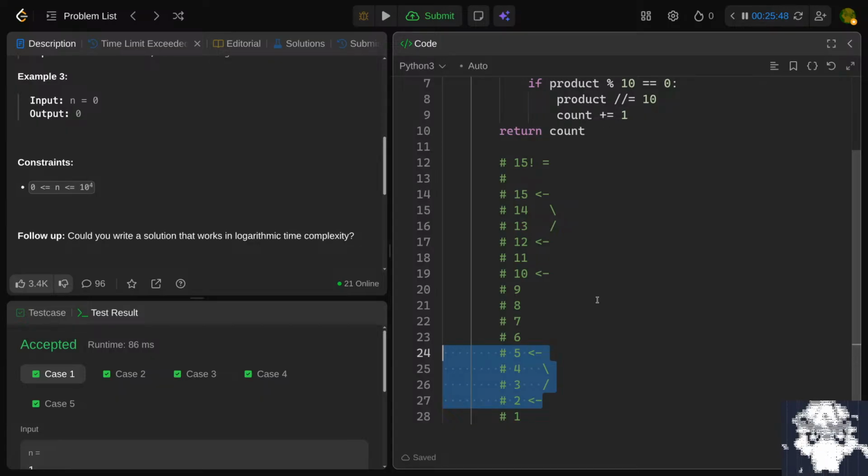Huh. So maybe it's something like every factor that ends in 0 is going to contribute, and every factor that ends in 5 is going to contribute, because a factor that ends with 5 is going to come after a factor that ends with 2. So together the 5s and the 2s contribute.